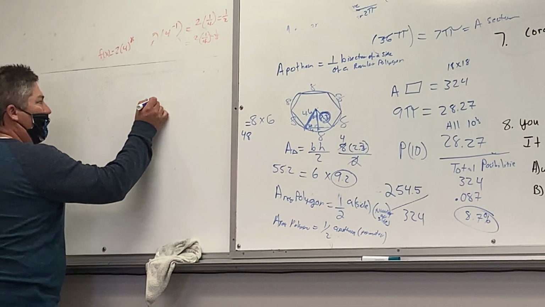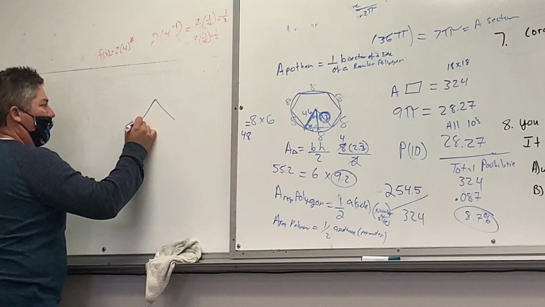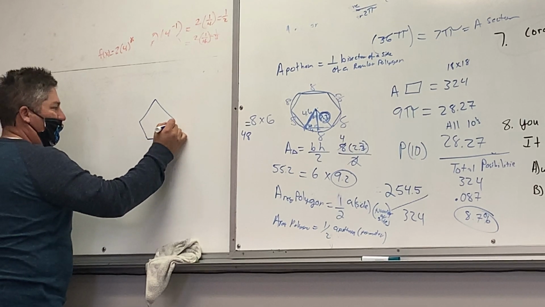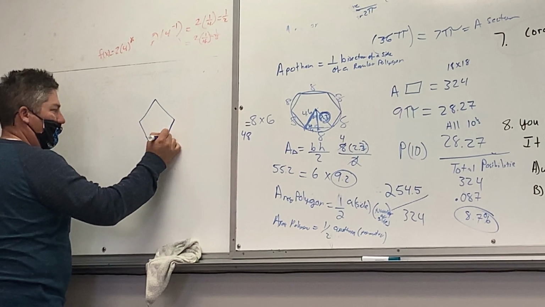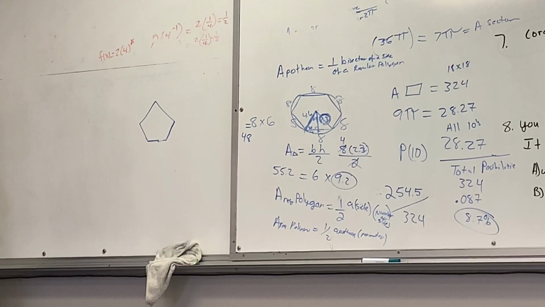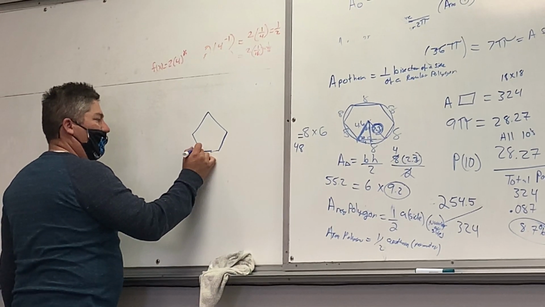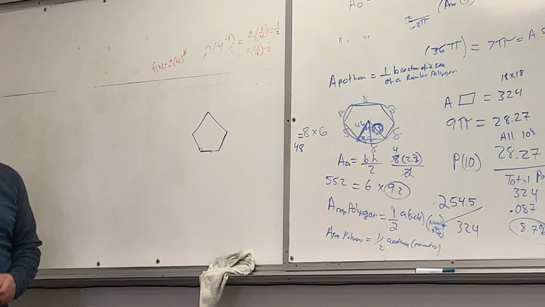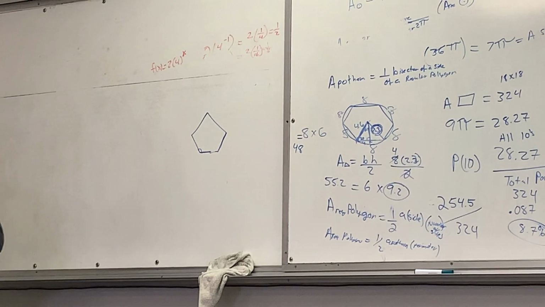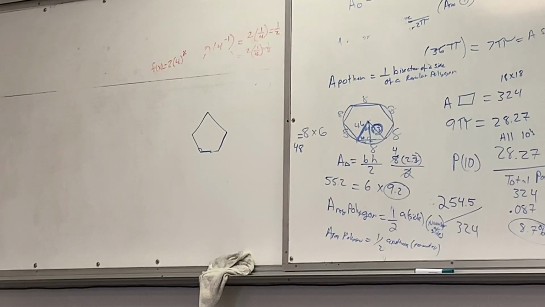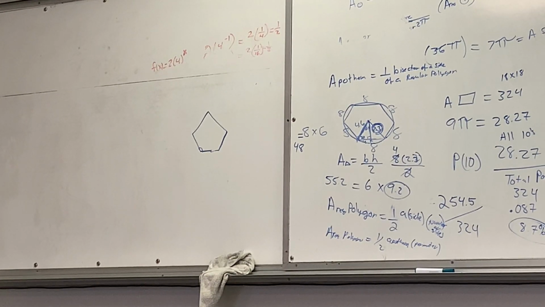Okay, watch. Here's a weird one. This one's not nice. It'll work, it's just not very nice. So Jacqueline, what's that angle measure? 360 divided by 5. 72?